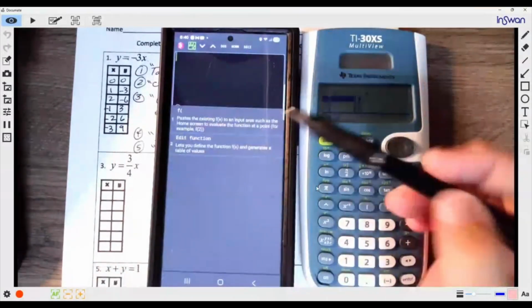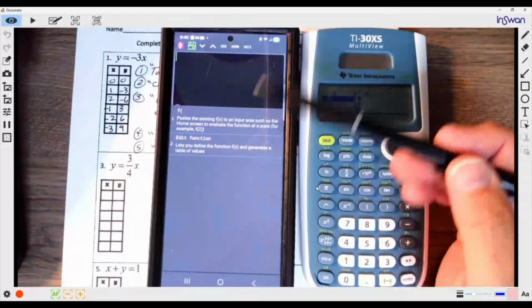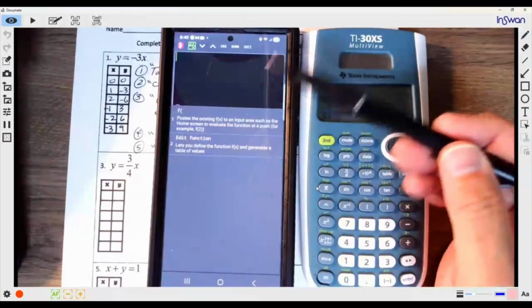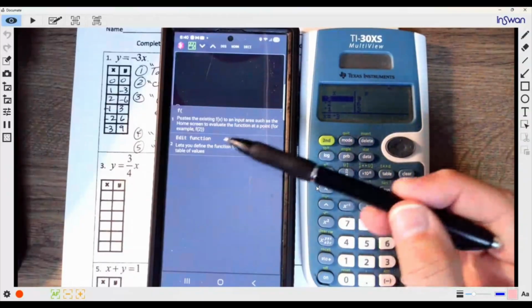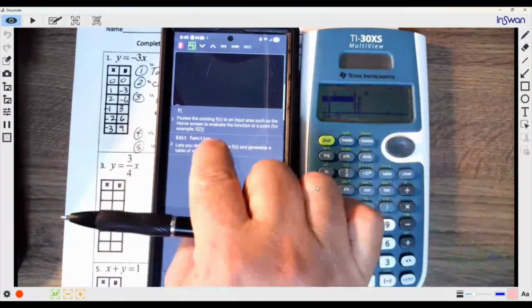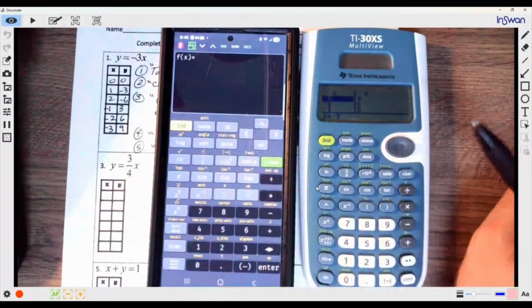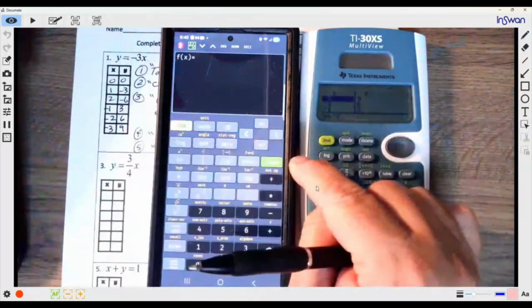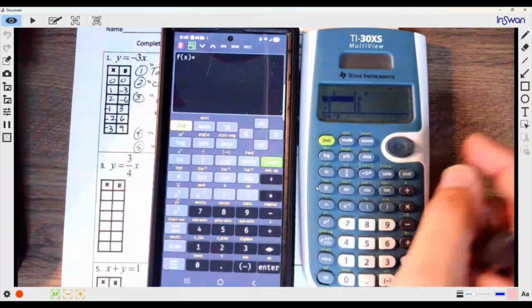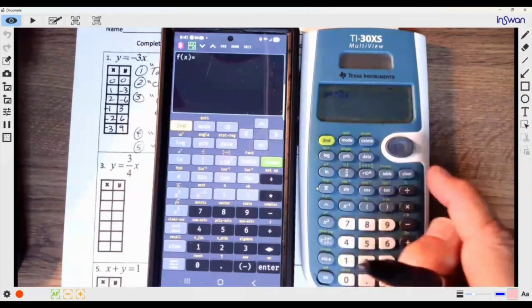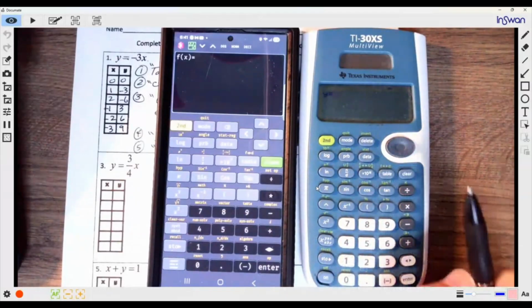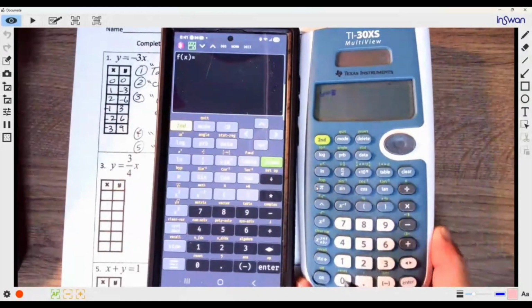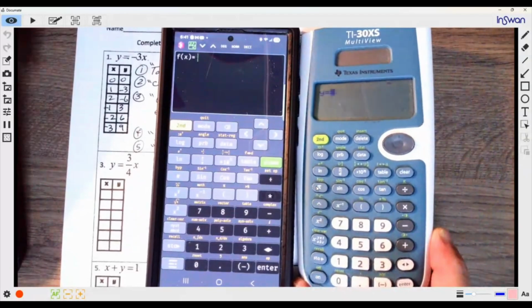But now it asks you, are you going to paste in the equation, or do we want to edit the equation? Function meaning equation. You're going to choose 2. If there's something in there, you clear it out. Just like here, we hit table, we hit clear to clear it out, and we're ready to go with our y equals.